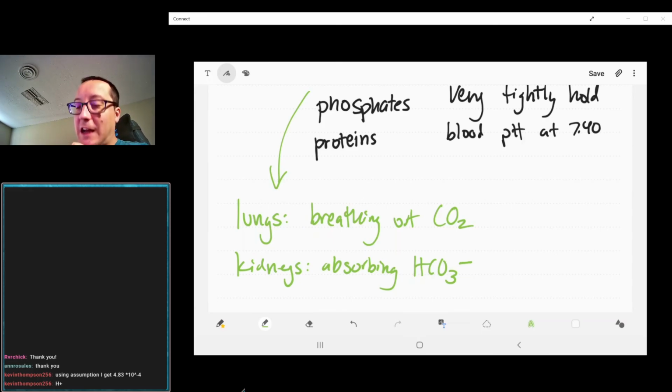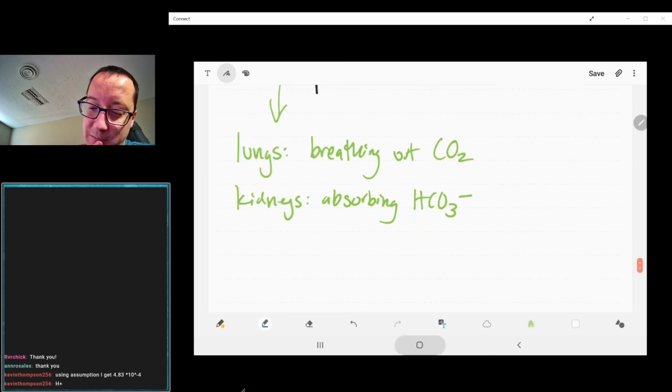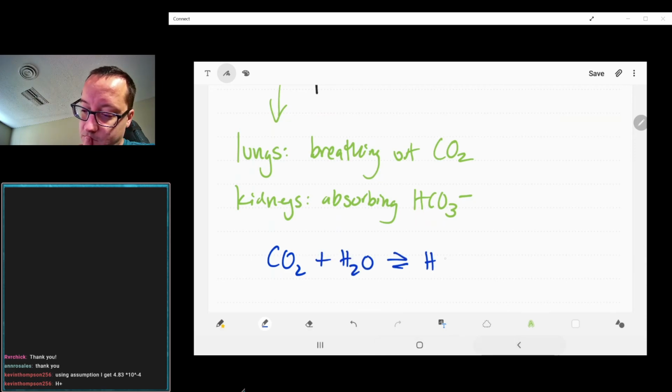So if you try and hyperventilate by losing CO2, by understanding that this is the equilibrium here, by making the carbonic acid, if you try and breathe out your CO2, you will go into alkalosis and pass out, at which point your lungs and kidneys will reassert themselves and they'll fix the problem before you die.